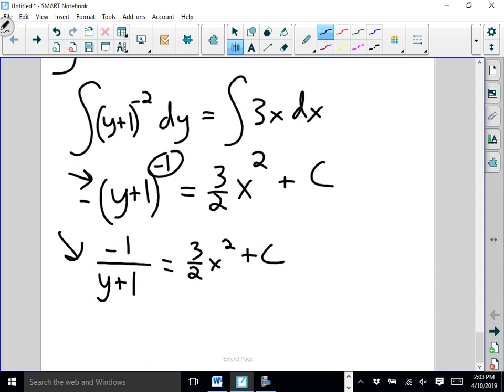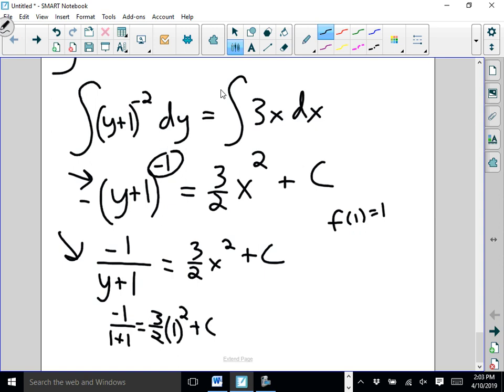Okay, what the heck was my point again? Oh yeah, it was 1, 1. And I can't extend the page any farther, so I'm going to do my best to keep this short and sweet. So we got negative 1 over 1 plus 1 equals 3 halves 1 squared plus c. All this becomes negative 1 over 2.